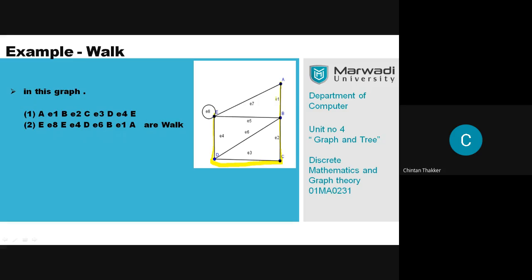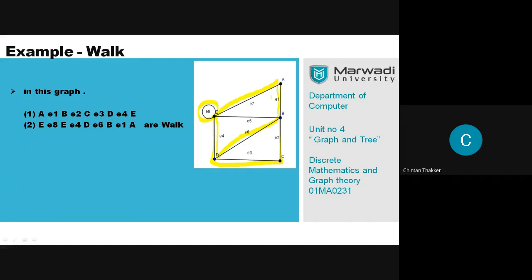Now here one more walk is given. It starts from E, then E8, E again, then E4, D, then E6, B, then E1, A. Then if you take E7, you can come to E again.